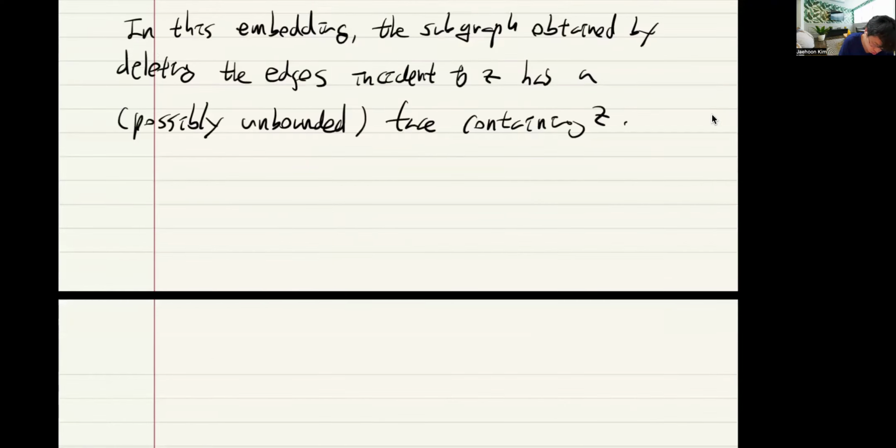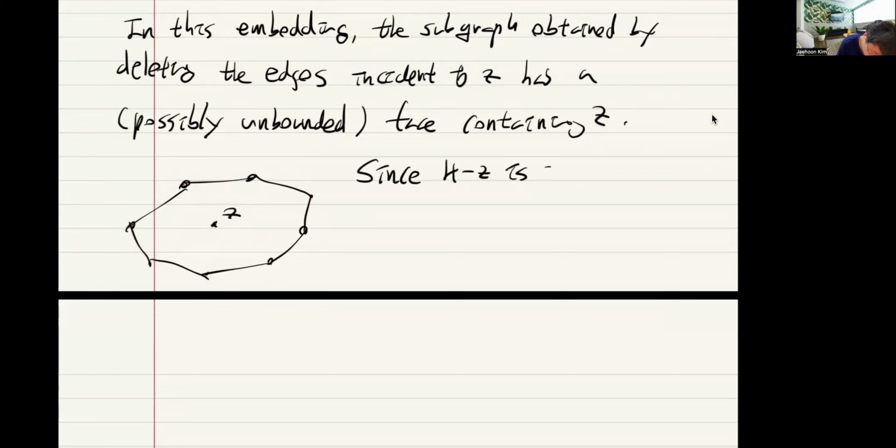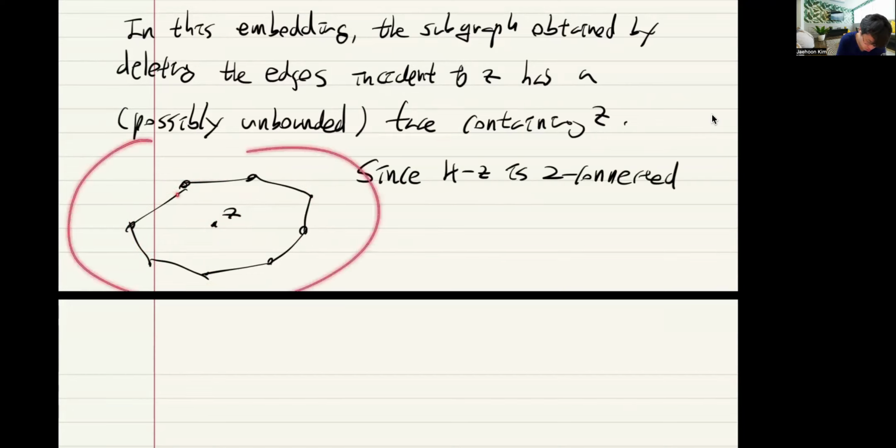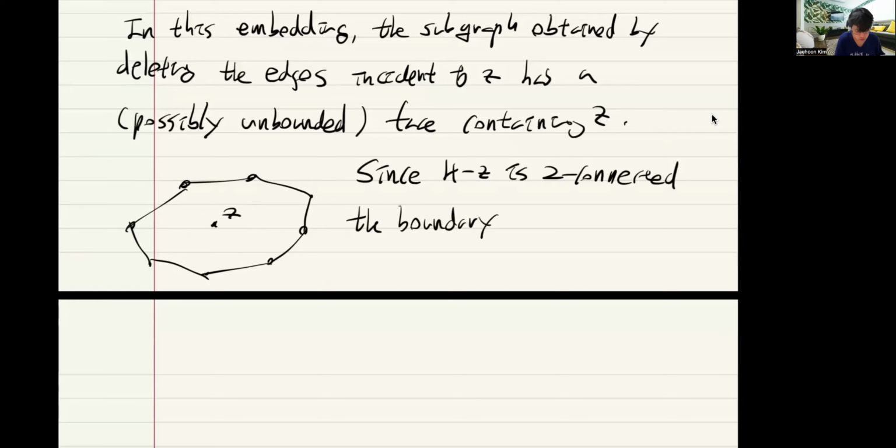So you have this face, and then g is here, once you delete all the edges from g. And moreover, this face, we know how it looks like. Since H minus g is 2 connected, and this is a convex embedding of H minus g, the boundary of this face is a cycle C.